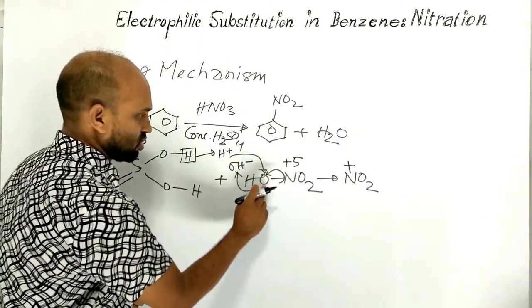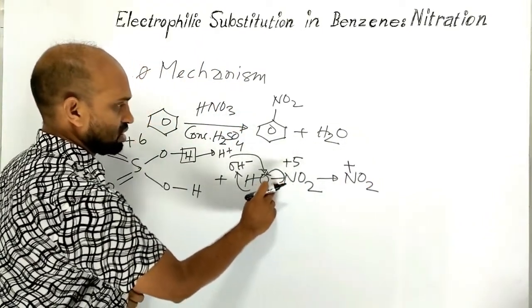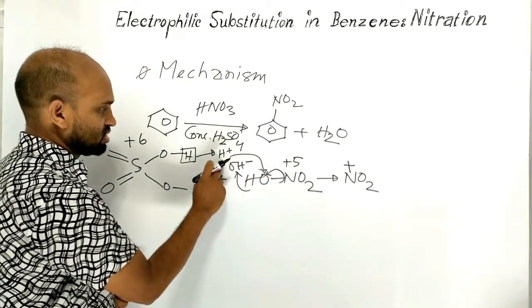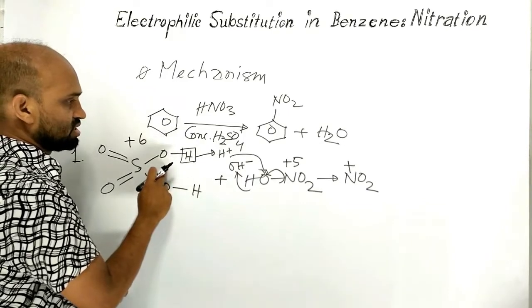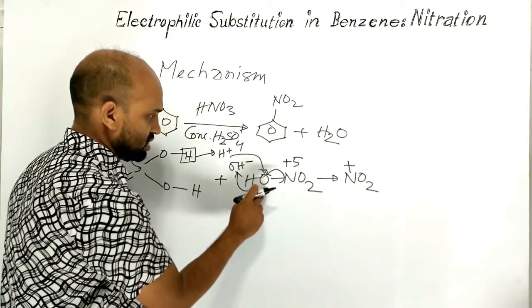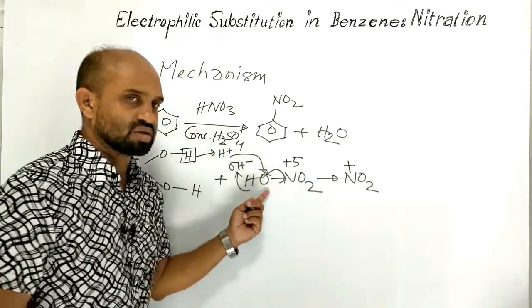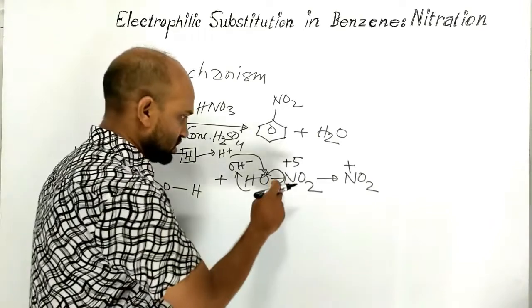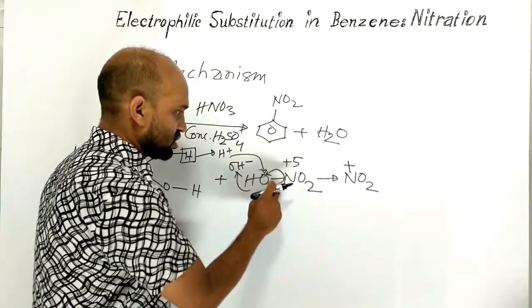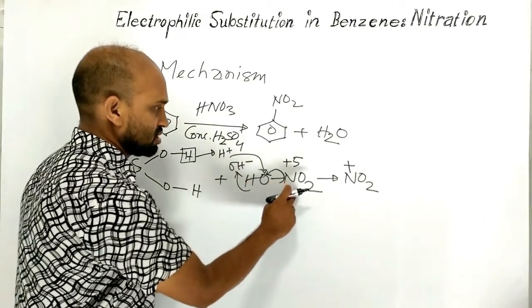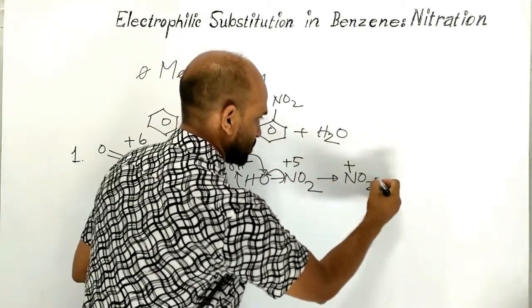This oxygen nitrogen bond undergoes heterolytic fission because hydrogen ion bonds to oxygen. That is why positive charge is developed on oxygen atom. For this reason, this bond undergoes heterolytic fission, and as a result, nitronium ion is formed.